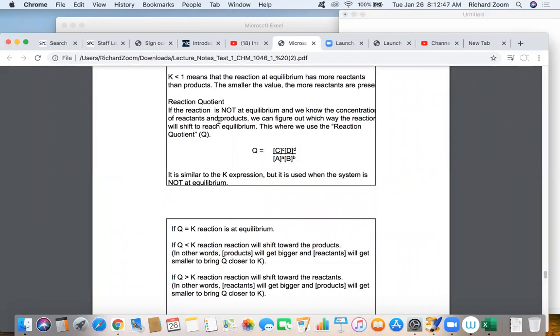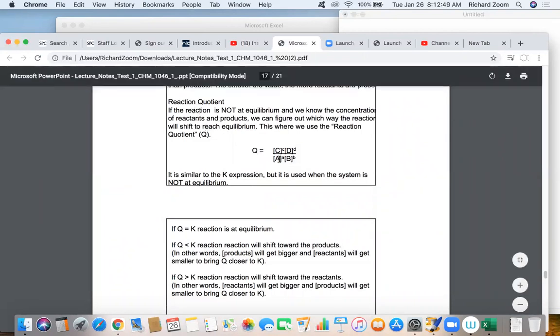So if the reaction is not at equilibrium, we can get this Q value, and it's not really a coincidence, but the Q value is measured exactly the same way as the K value would be. The only caveat here is that these concentrations are not necessarily equilibrium concentrations. They can be, in which case Q equals K, but they don't have to be in order for us to calculate Q.